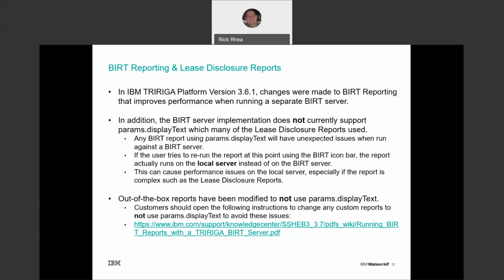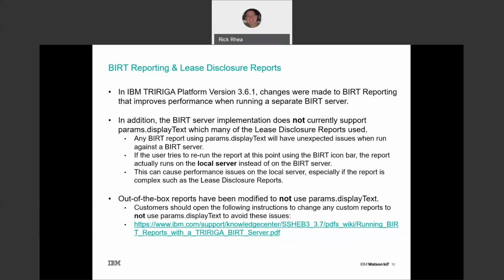So just a cautionary tale there that you don't want to use this params.display text and then run the risk of users going, oh, I'd like to see if it will run again if I click that run again button, right? So then we fixed all the out of the box reports to not use this params.display text, right?